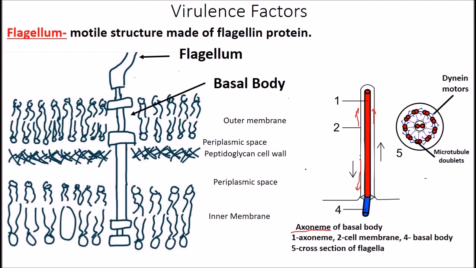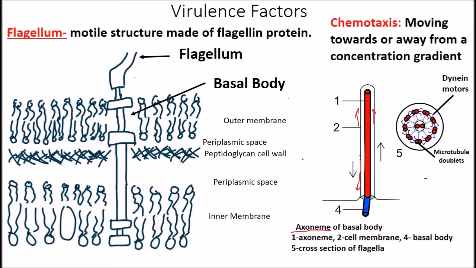But the bacteria can actually change the rate at which they do this, how much they do this, and in what direction they want to go. They do that through the binding of chemokines via chemokine receptors, initiating second messenger signaling pathways that lead to either the upregulation or the downregulation of the dynein motors or the microtubules, and hence the oar-like motion. So chemotaxis is moving towards or away from a concentration gradient.